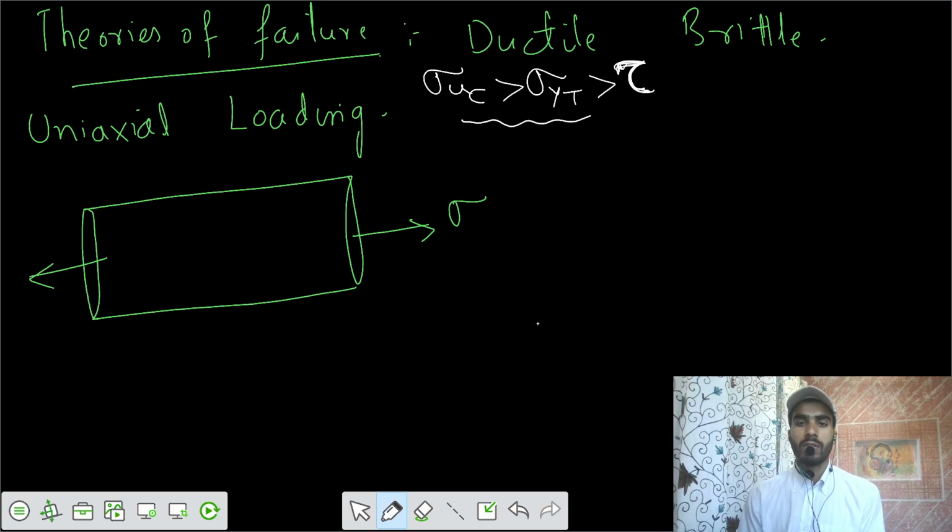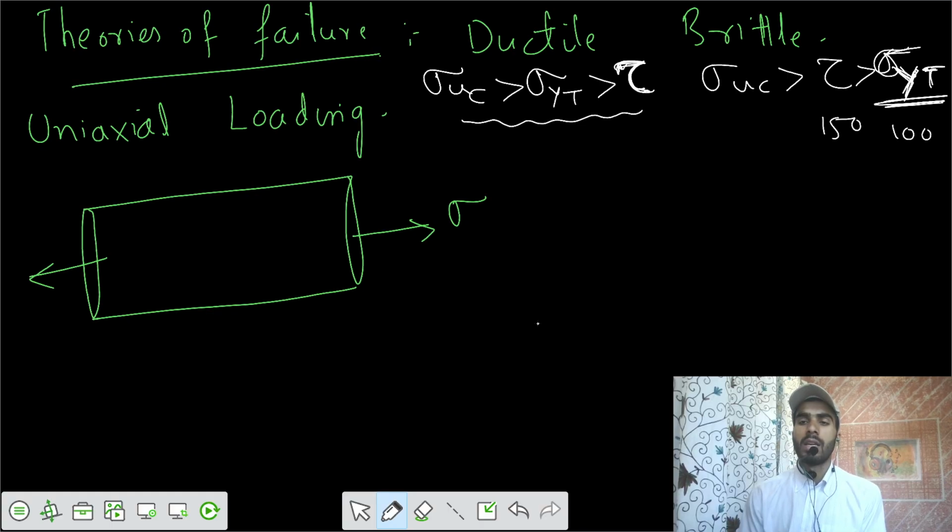So shear stress is critical for ductile material. For brittle material, sigma UC in compression is greater than tau, which is greater than sigma YT. That means it's weak in tension. Say you are applying 100 megapascal in tension, 150 megapascal in shear stress, and 200 megapascal in compression.